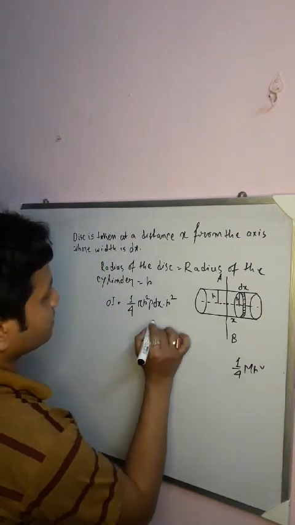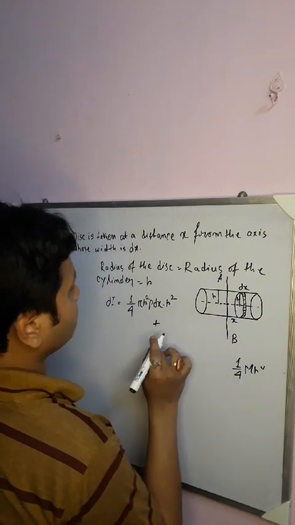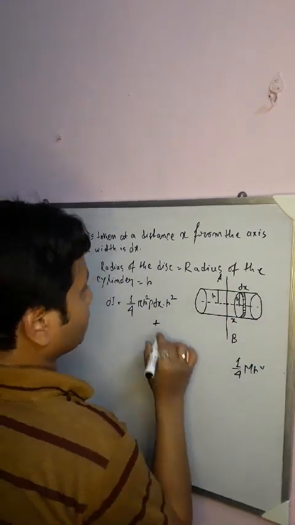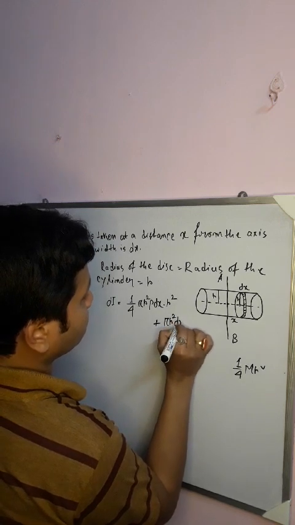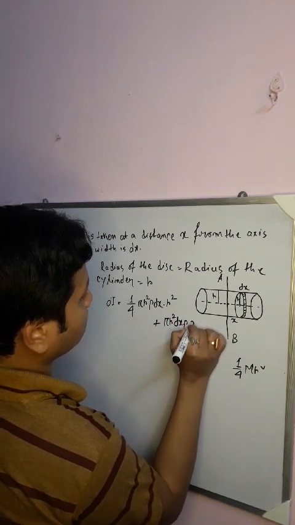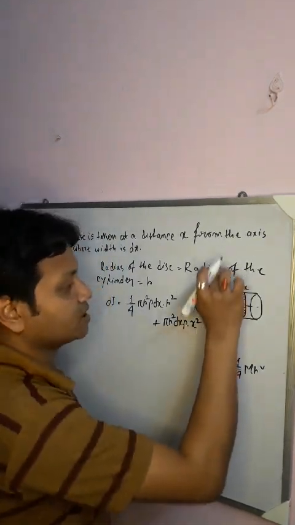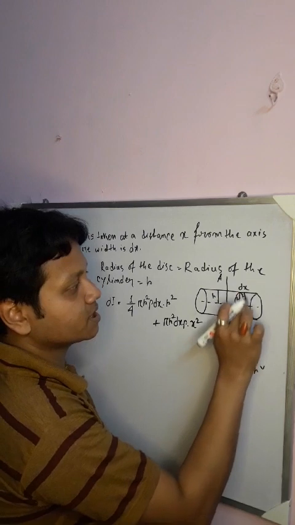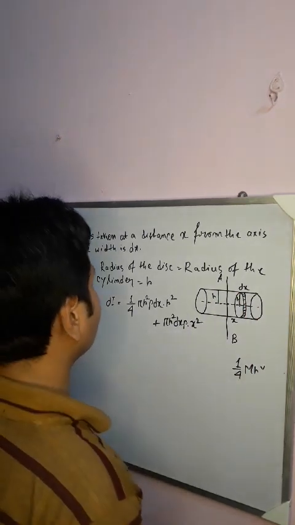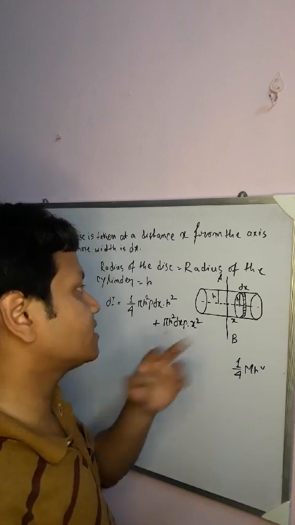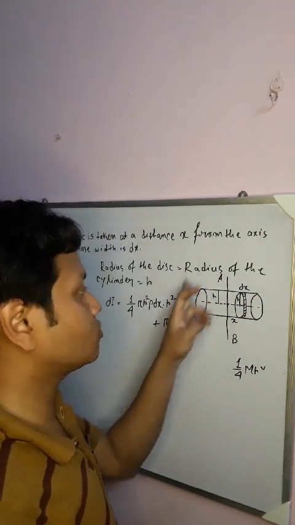Now plus mass into distance square. The mass is pi r square dx into rho, into x square, according to the parallel axis theorem: moment of inertia about AB is the moment of inertia about the diameter plus mass into distance square. What will be the moment of inertia due to the whole solid cylinder?